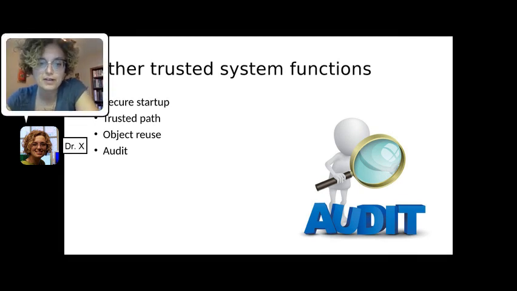Other system functions need to be trusted too, of course startup, because that is a tricky one, where malicious code could be started up with normal application code. Also, trusted path is a system function that precludes interference between the operating system and the user.